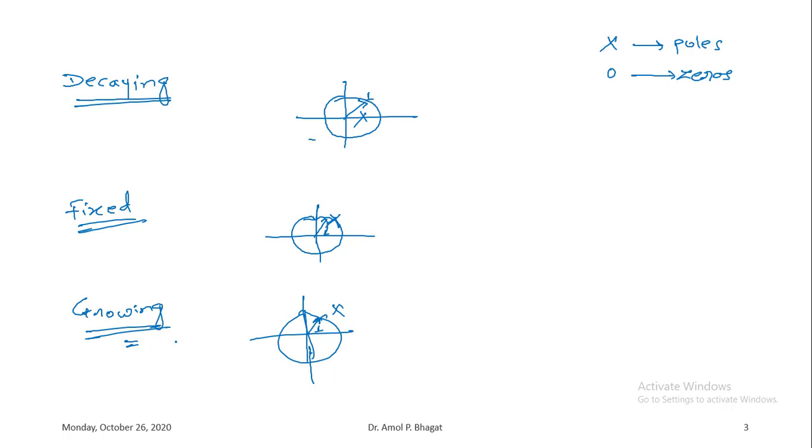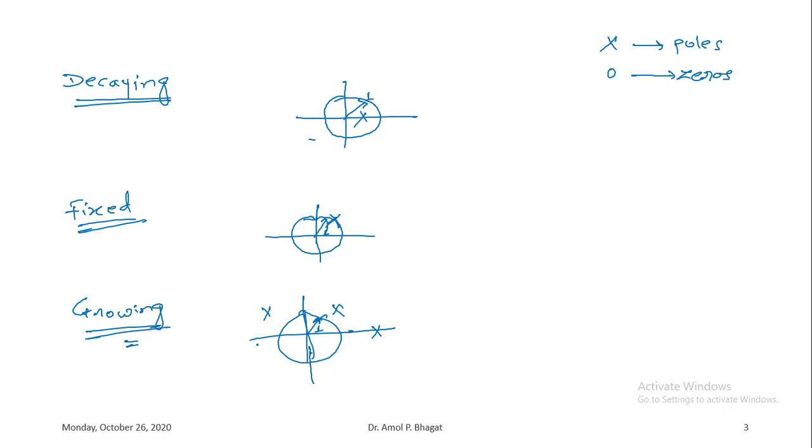So the signal is decaying if the pole is inside the circle, it is fixed if the pole is on the circle, and it is growing if the pole is outside the circle, anywhere outside this unit circle.